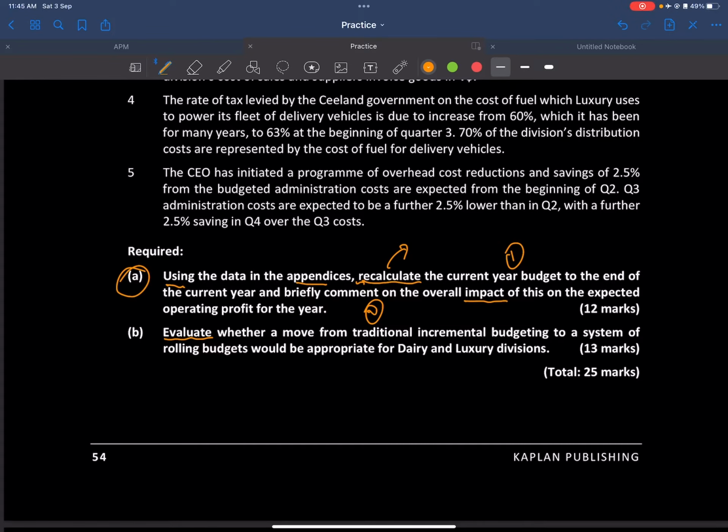So let's just say our first heading will be incremental budgeting, second will be rolling budget, right? So let's divide the marks accordingly. So 6.5, 6.5. And within that as well, let's talk about what is incremental budgeting and its good things and bad things.